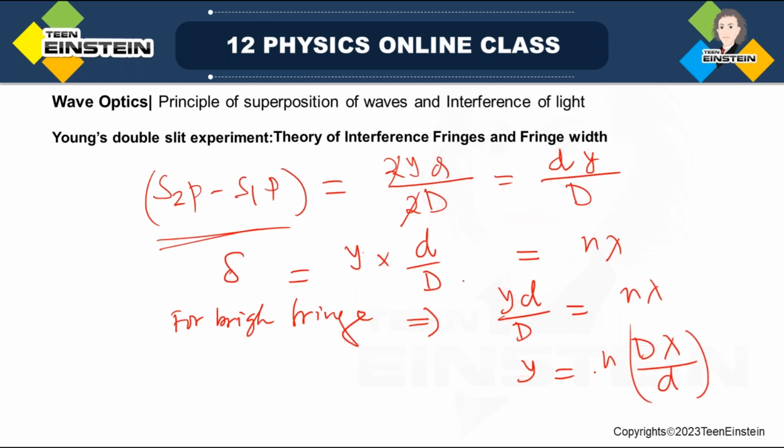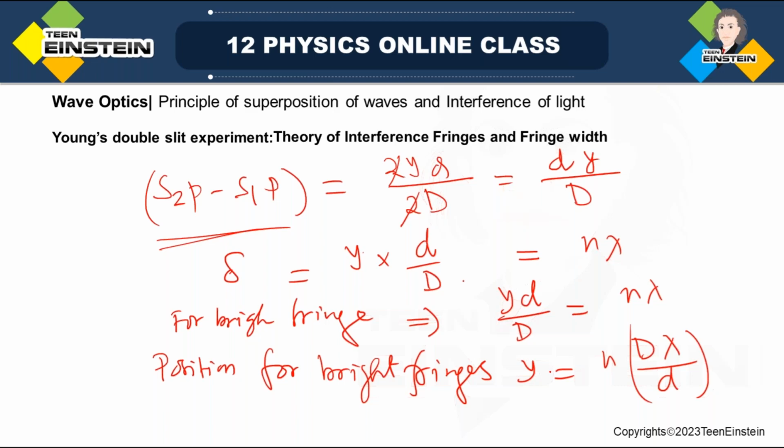This is the position of bright fringes: n into D lambda by d.